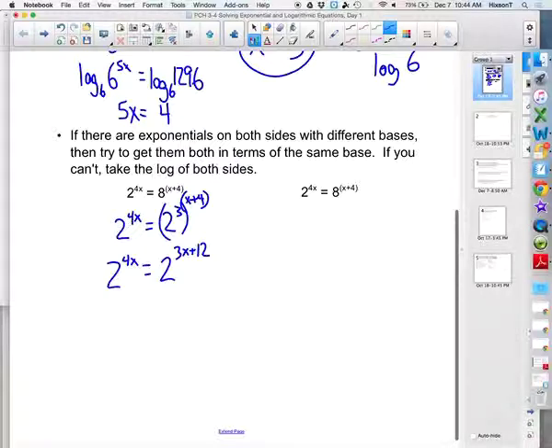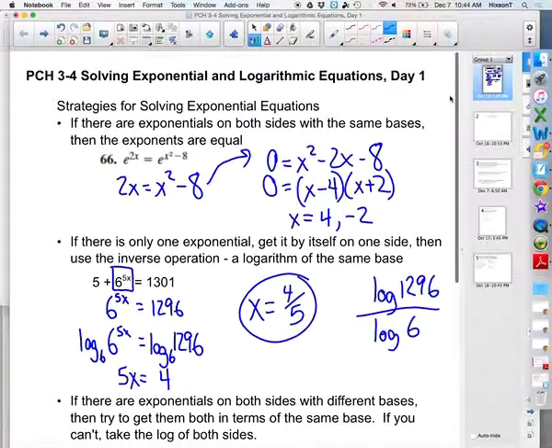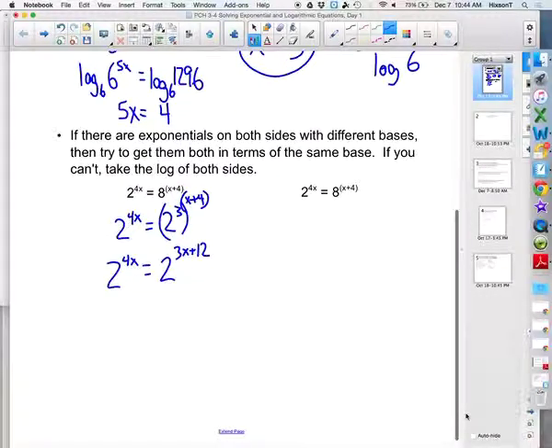Then we're back to case number 1. We have two exponentials, but the bases are the same, so the exponents are equal. So 4x would then equal 3x plus 12, and of course that means x would equal 12.